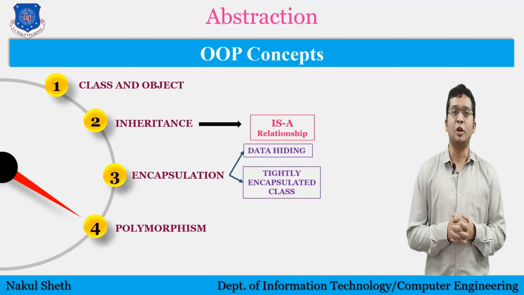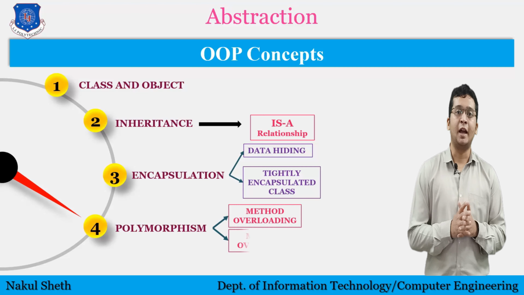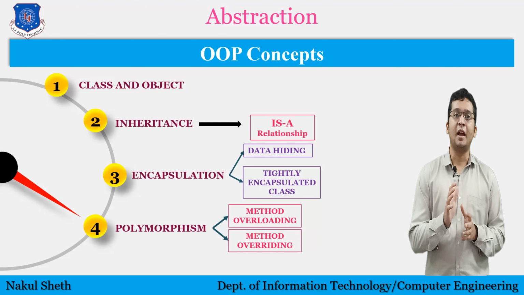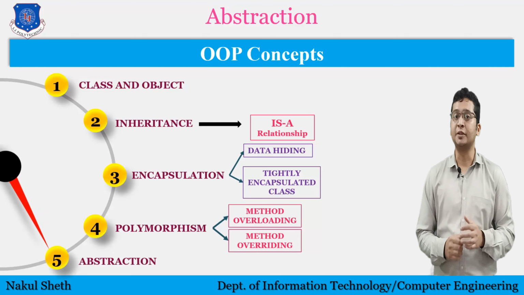Then we have discussed polymorphism, and in polymorphism we have seen two most important concepts of Java programming. Those are method overloading and method overriding. And then the last concept of object oriented programming is abstraction.